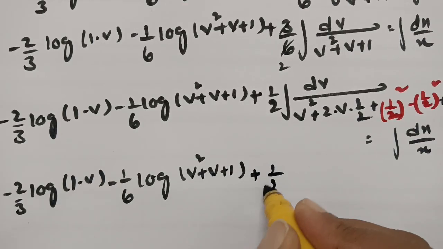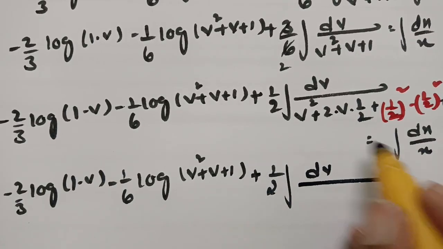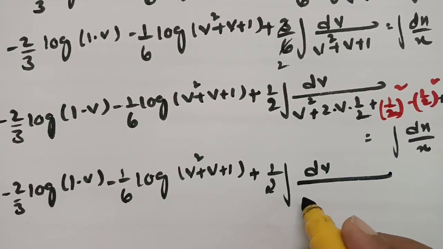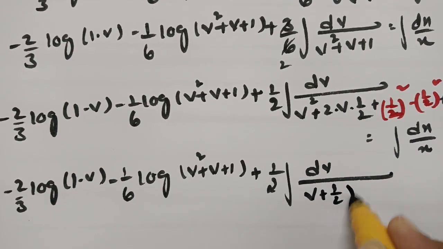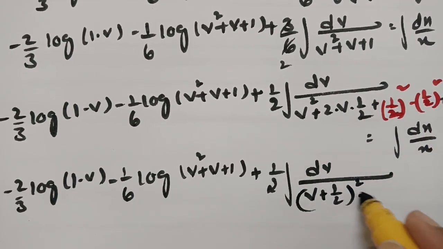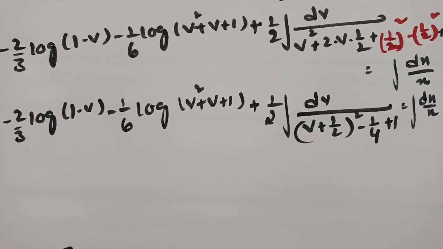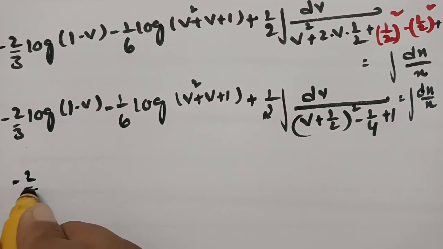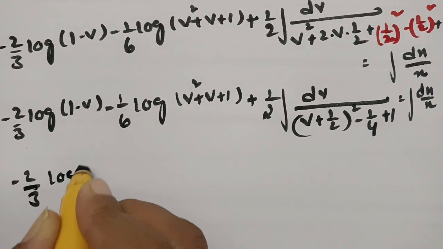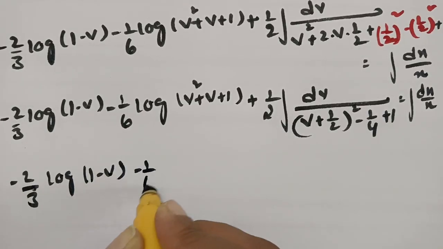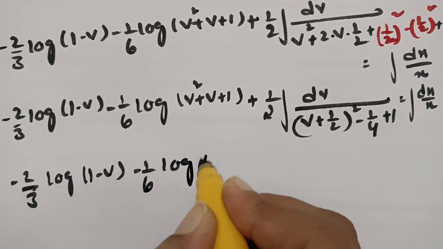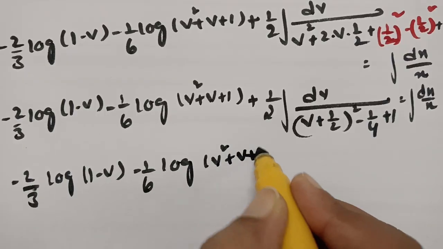So this is half times of dv by a square plus 2ab plus b square can be written as 1 by 2 whole square, and this is minus 1 by 4 plus 1, which is equal to dx by x. And see, this is minus 2 by 3 log of 1 minus v minus 1 by 6 of v square plus v plus 1.